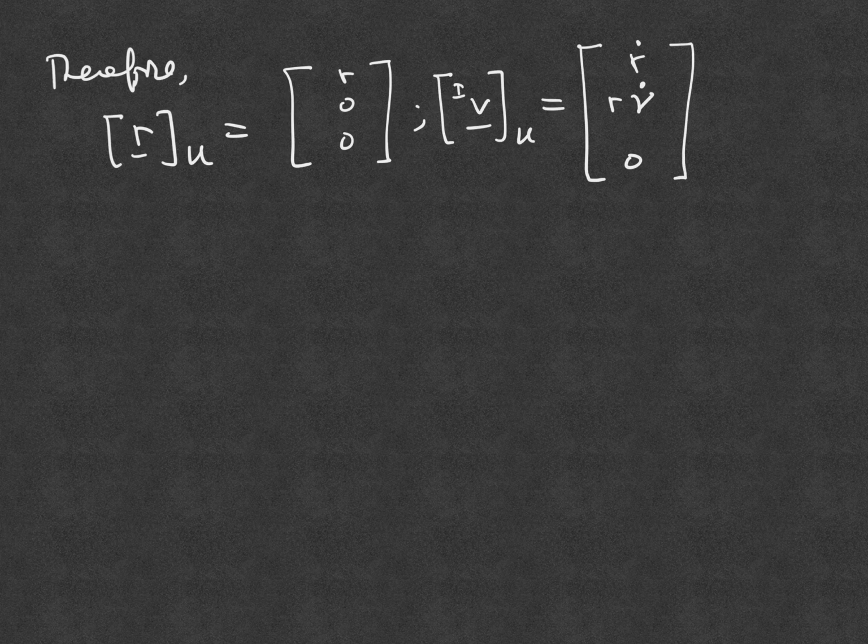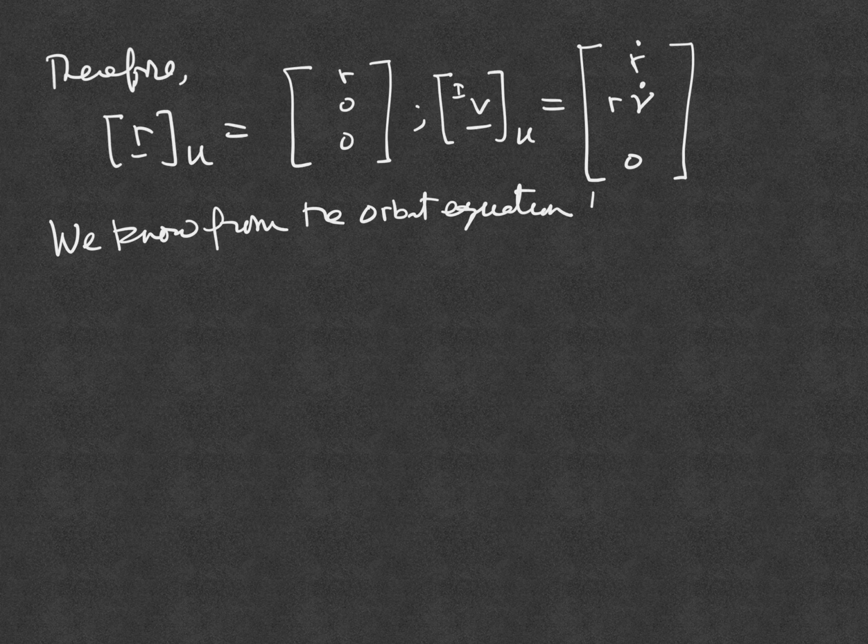Now we're going to use the properties of the orbit equation to be able to simplify this expression for the inertial velocity expressed in the basis U. So we know from the orbit equation that the radius is equal to P over 1 plus e cosine of nu.